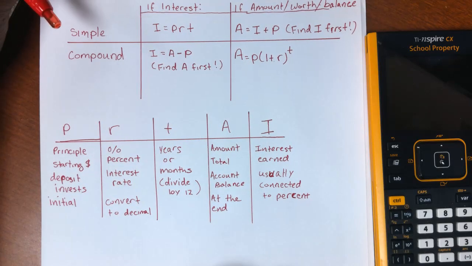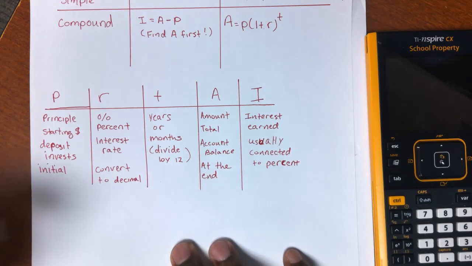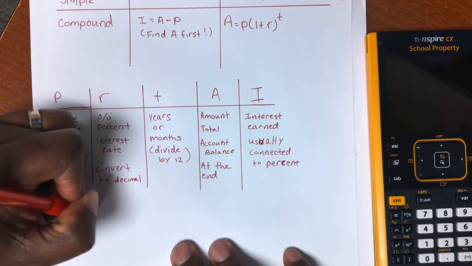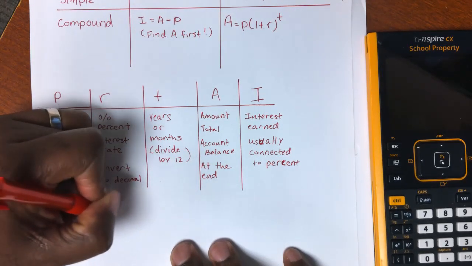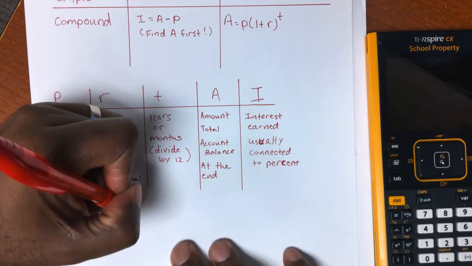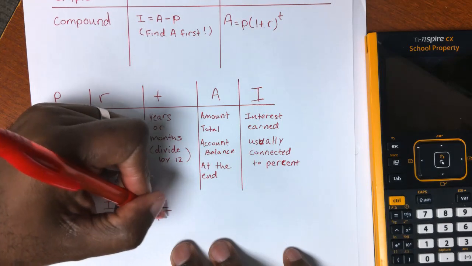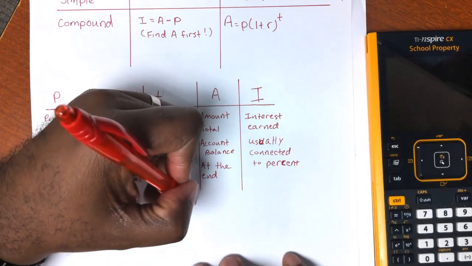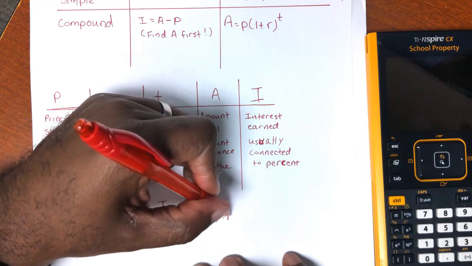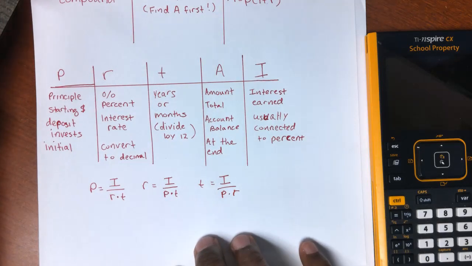I'm going to rearrange the simple interest formula to help you solve for some other things. We know I equals PRT. So P is equal to I divided by R times T. R is equal to I divided by P times T. And T is equal to I divided by P times R. That should help you out with simple interest.